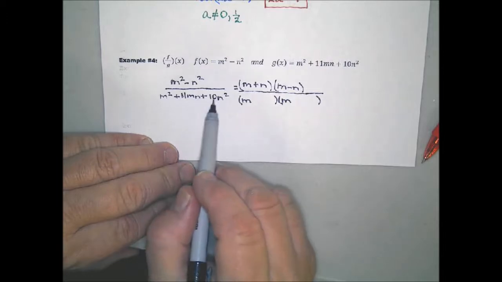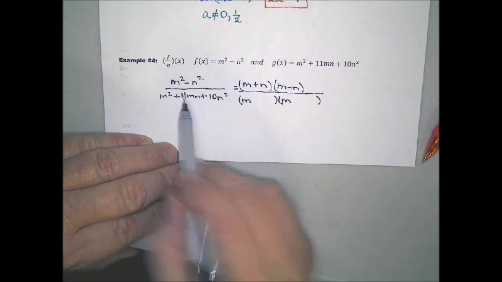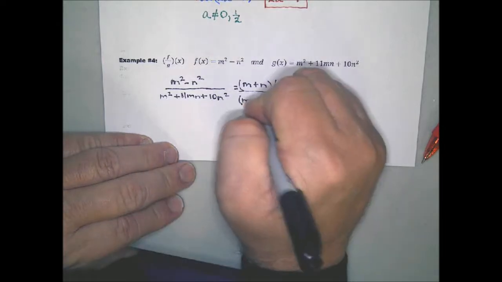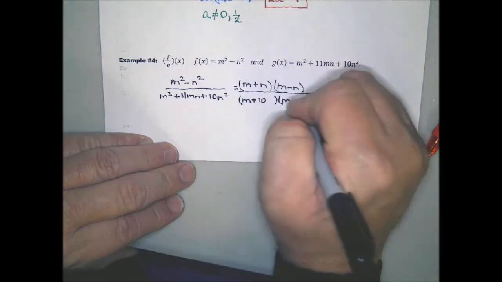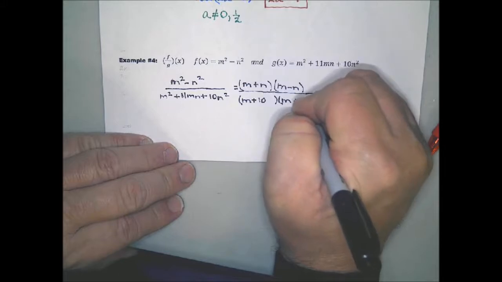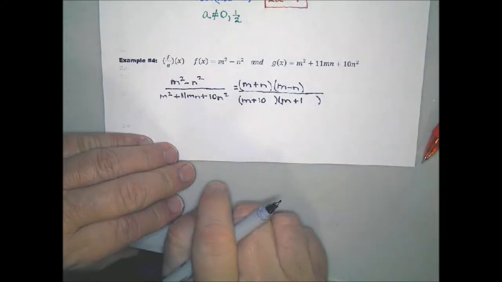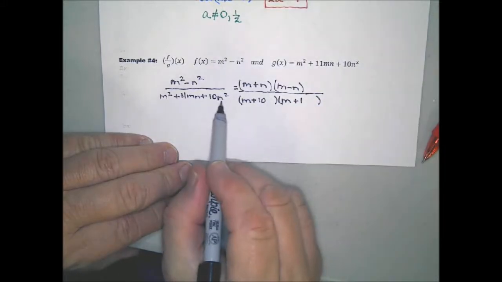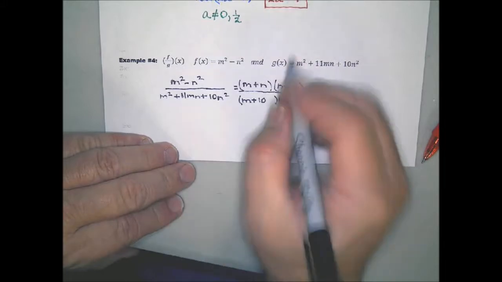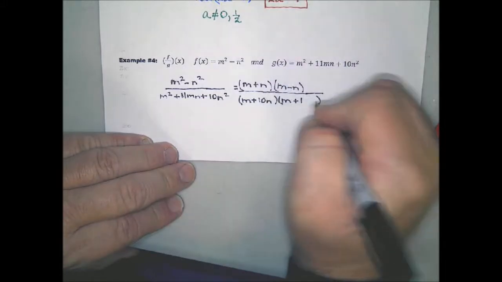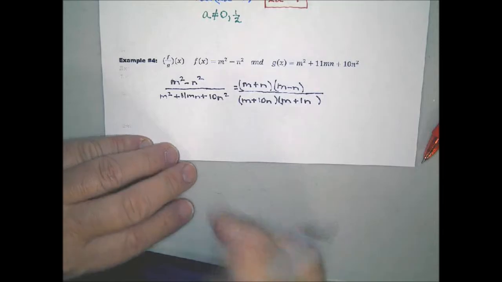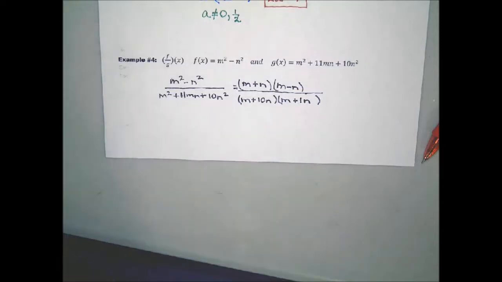What are the factors of 10 that have a sum of 11? Well, one of them would be plus 10, and the other one would be plus 1. But we need to get those n's in. So I need to put an n there, and I need to put an n there. So now everything's factored.